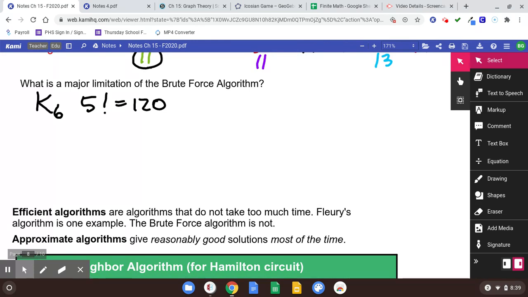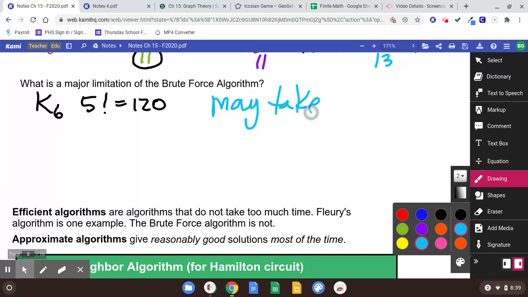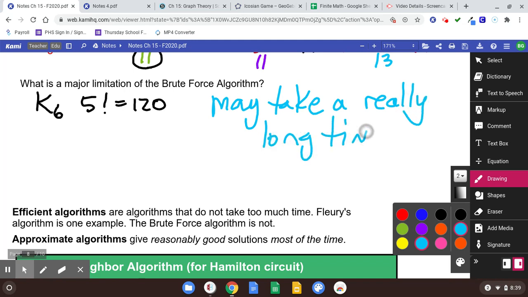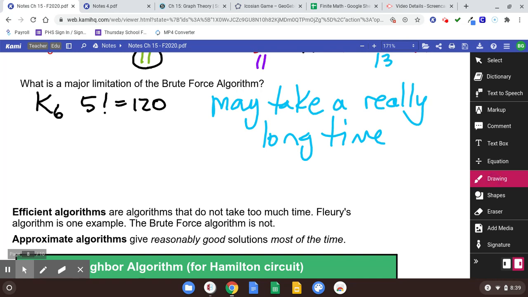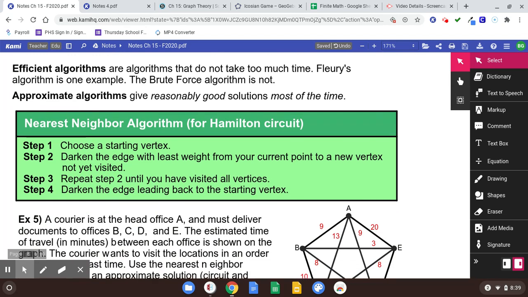So the major limitation is it may take a really long time. I think we'd much rather talk about efficient algorithms.